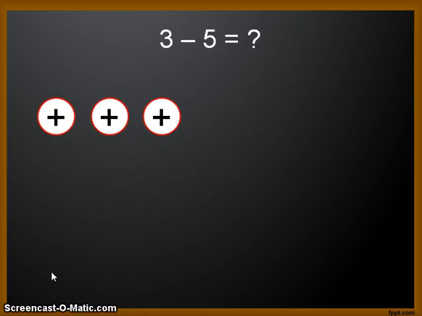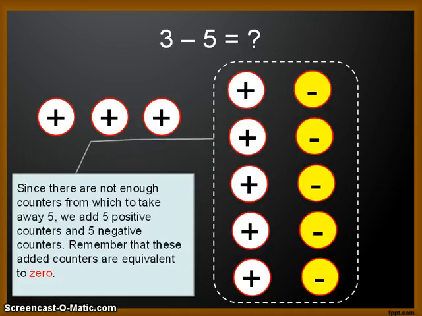Now, let us subtract 5 positives from 3 positives. So, how do we do that? Since there are not enough sign chips to take away from 3, we have to add 5 positives and 5 negatives, since this number of positives and negatives is equivalent to 0.